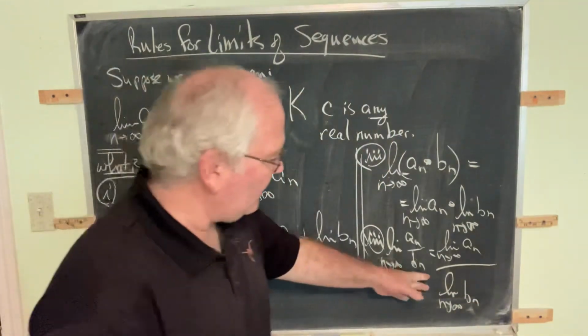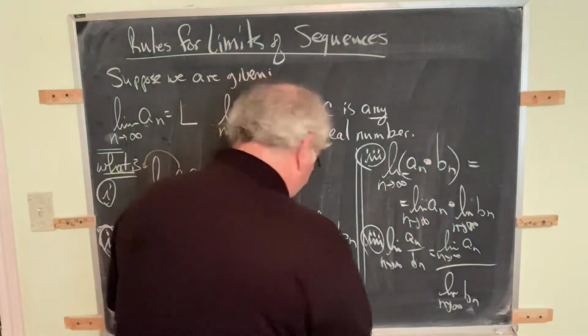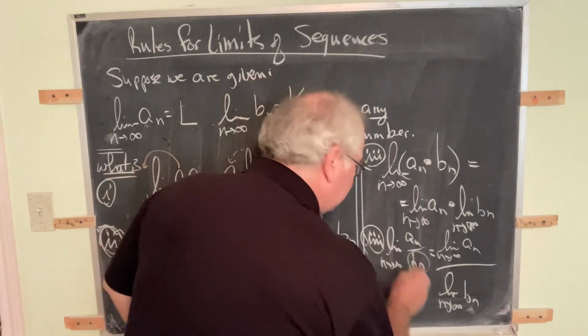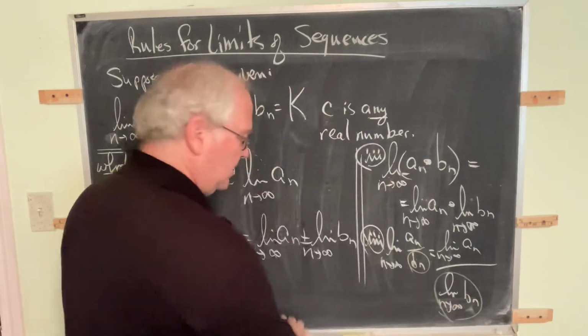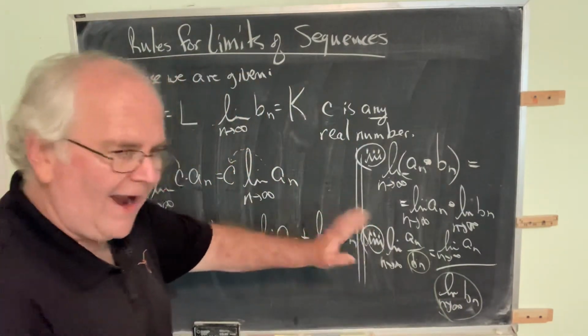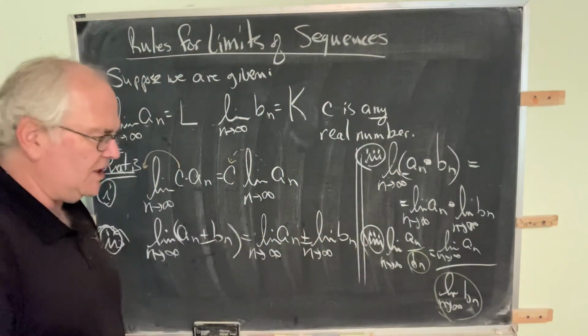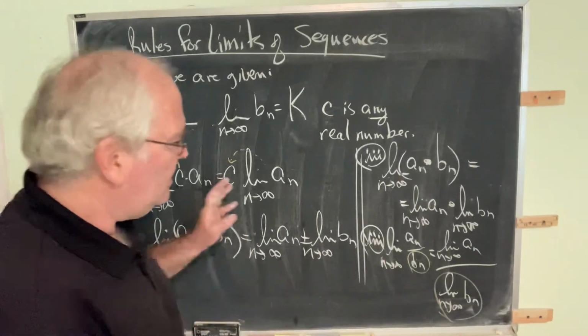Now, when I write this, we have to assume several things. We must assume this denominator is never 0. With fractions, you always need to assume no denominators are 0. With that proviso, these statements are true.